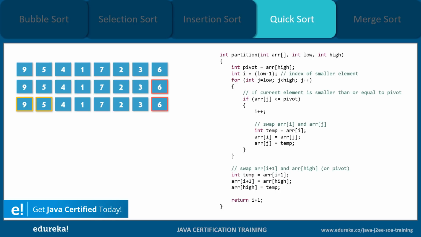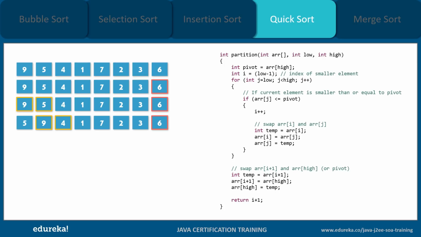Now we increment the j and we bring it to the 5. When you compare 5 and 6, we find that this jth element is less than the pivot. So whosoever is less should move to the beginning, or to the left. So what we are going to do is, if we find an element lesser than the pivot, we are going to move it to the beginning, or we are just going to swap number 9 and number 5.